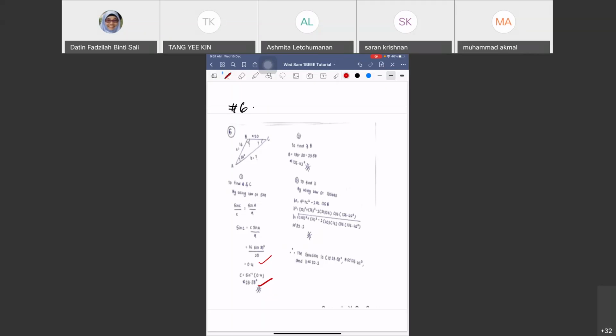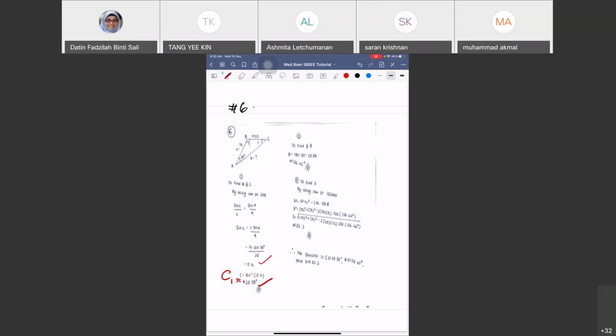Okay, so the one that is given is 30, isn't it? So another angle. Okay, so this is C1, the angle in quadrant 1, 23.58.